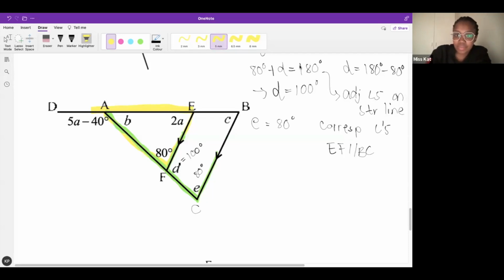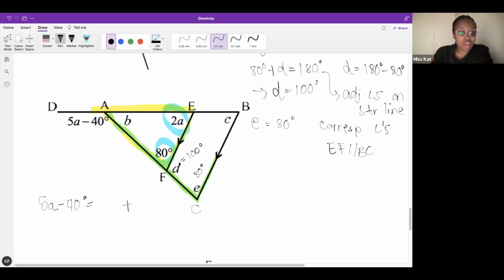Let's see. What does exterior angles of a triangle say, guys? It says the exterior angle, which is 5a minus 40, is equal to the sum of the opposite interior angles. Which ones are opposite interior? It is the 80 and the 2a.